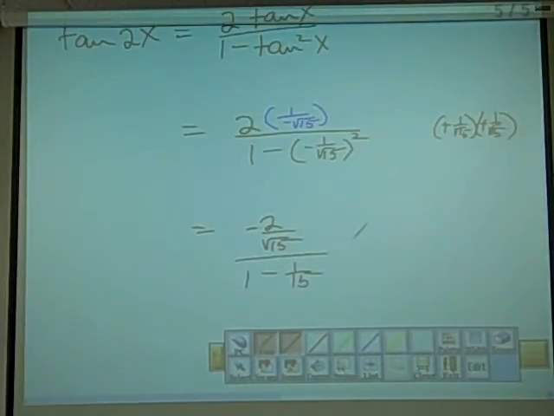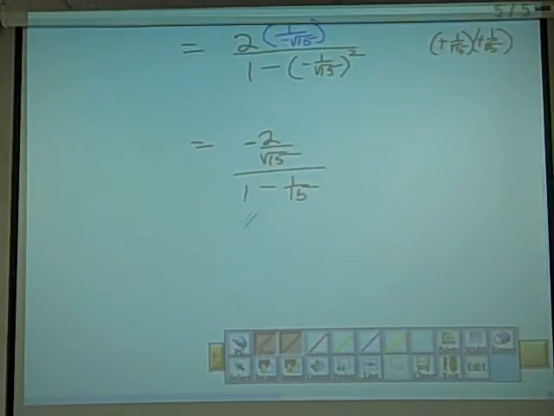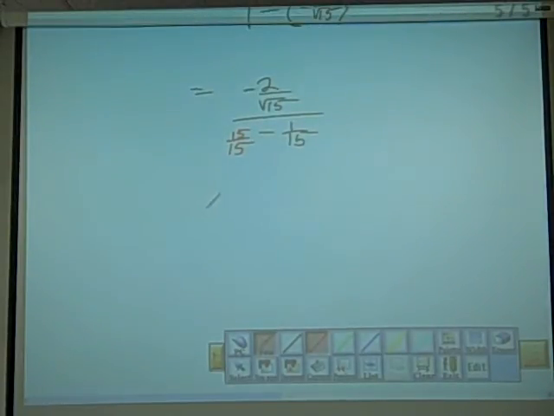Alright? So from there, we can change this 1 to a 15 over 15. And so we've got negative 2 over square root 15.